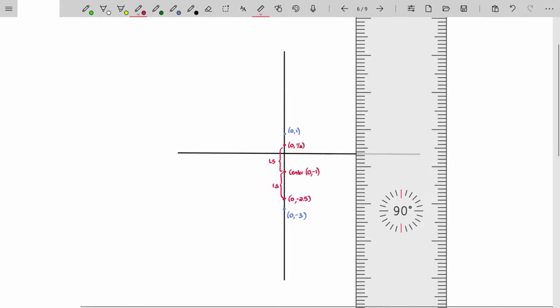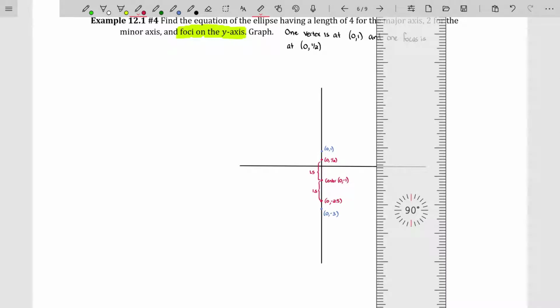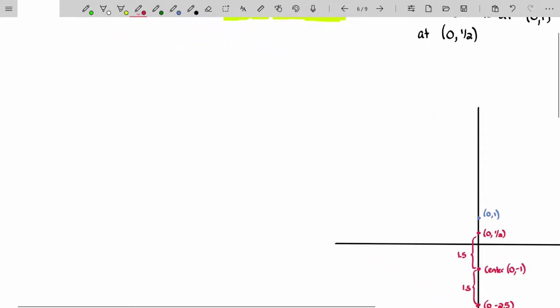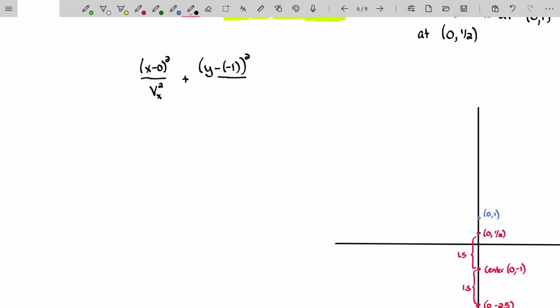All right. Actually, given that information, you can find everything else out about this ellipse. So let's go ahead and at least start with some information. The center is at 0, -1, which means that the equation of our ellipse starts at (x minus 0) squared over the distance to the x vertex squared plus (y minus -1) squared over the y vertex distance squared, equal to 1.